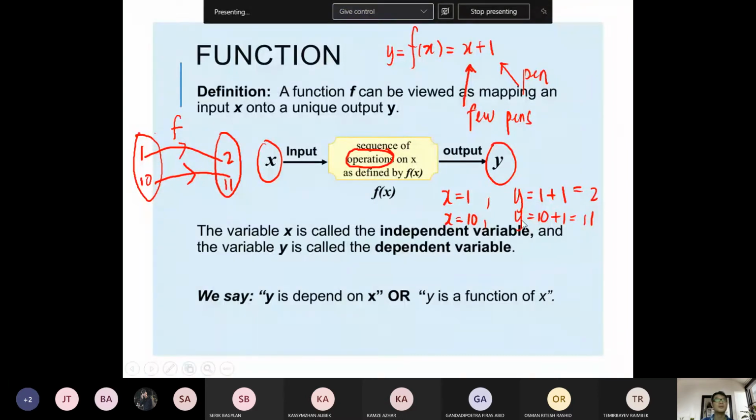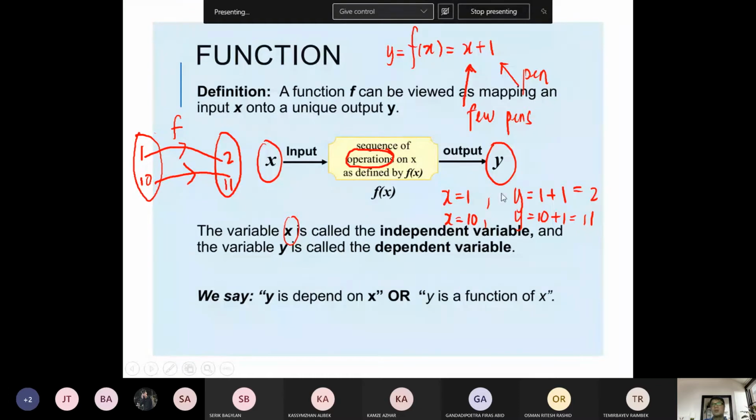Now, is that okay? So what is a function? A function is an operation, or a process, to assign one input to one output. The X here we call the independent variable, because X is what we are going to decide.